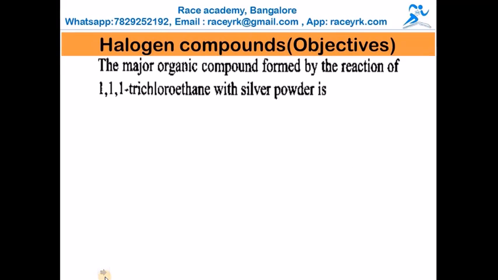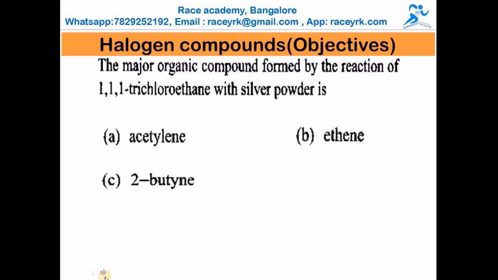The major organic compound formed by the reaction of 1,1,1-trichloroethane with silver powder is, you see, the options we have: acetylene, ethene, 2-butyne and 2-butyne given. So the compound they have given is 1,1,1-trichloroethane with silver powder.